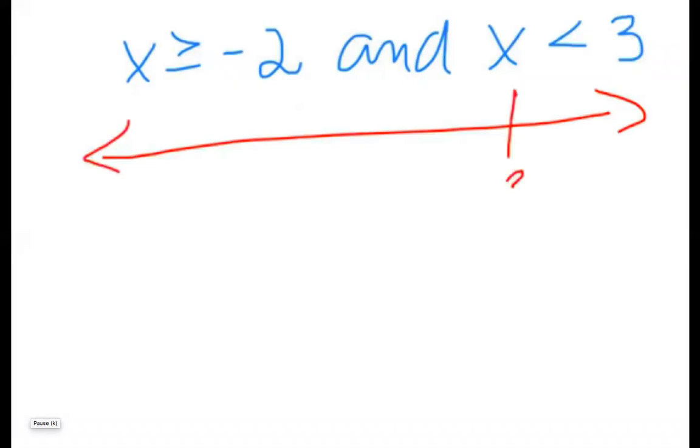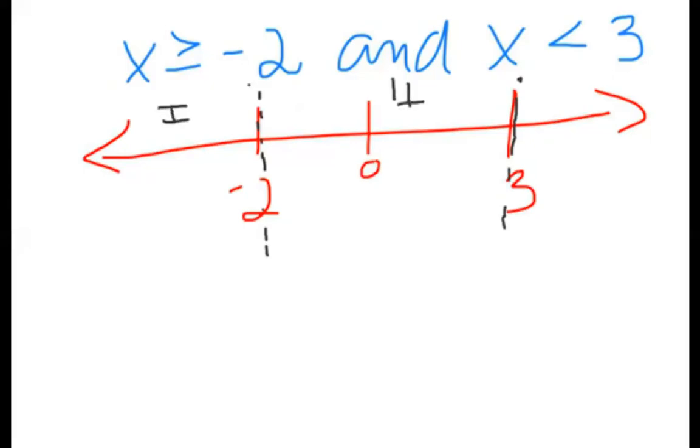Whatever the set of solutions are, they have to satisfy both inequalities. So guys, what I'm doing now is plotting these two values on the number line, which divides the number line into 3 regions. And your job is to figure out which region or regions has the numbers that would make both inequalities true at the same time, okay?